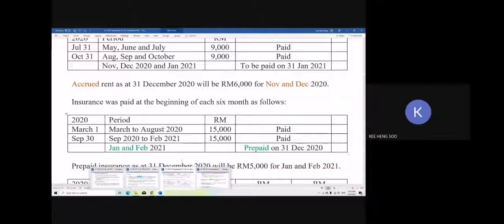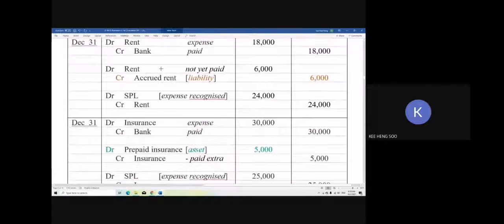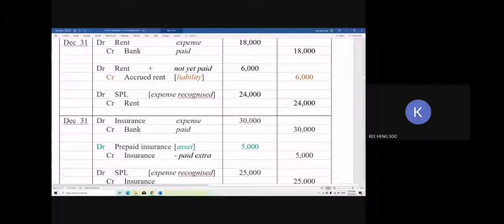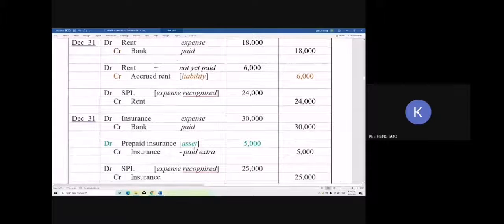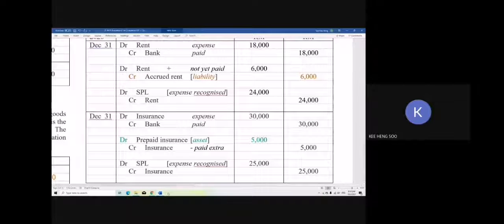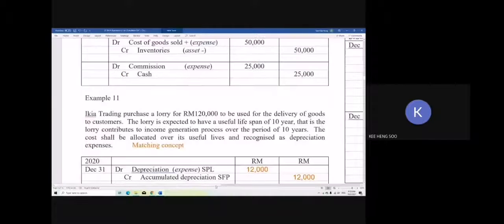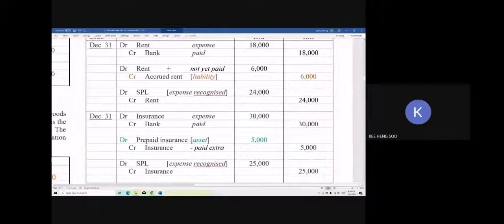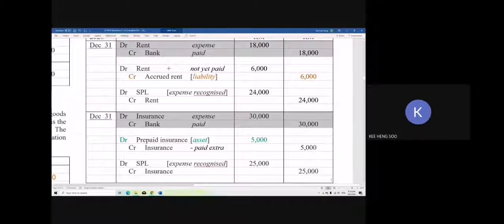So I want you to look at this journal entry. Everybody can also prepare the journal entry, but what I worry about is your explanation. Do you see that? The first journal entry is expenses paid. You pay 18,000, you pay 30,000.